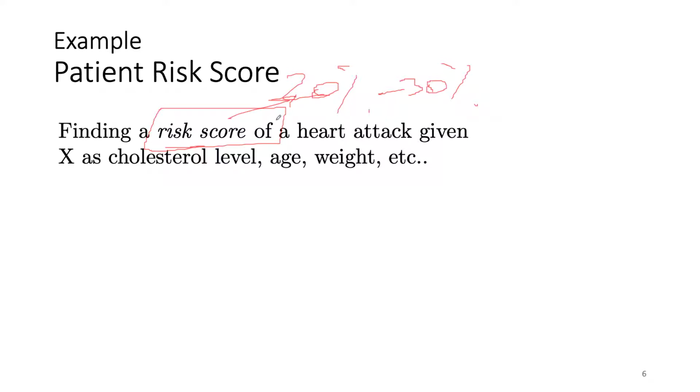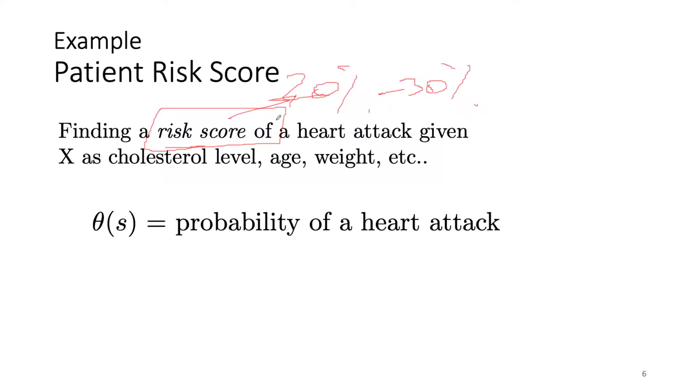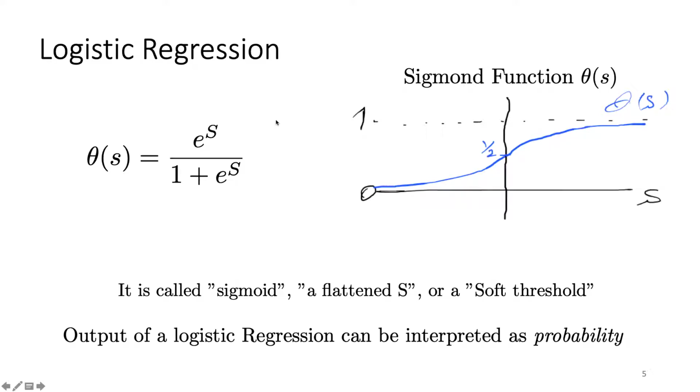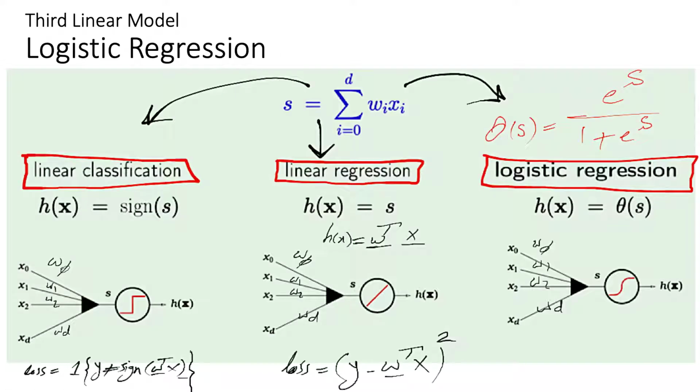Let's see. Questions? Like the previous slide, the first slide. So this S is used to map our w transpose x, our input, to the output. Yeah.